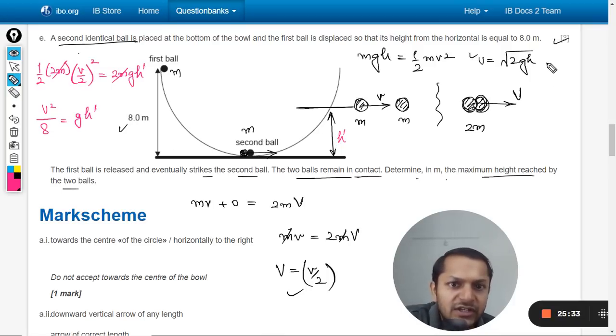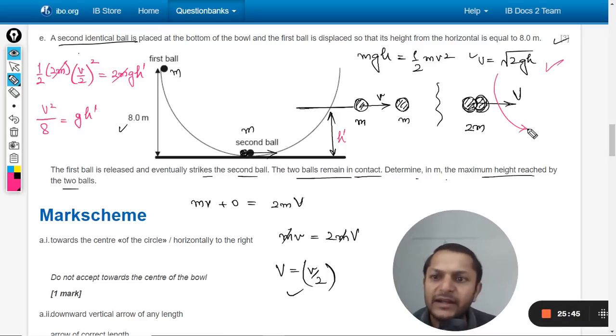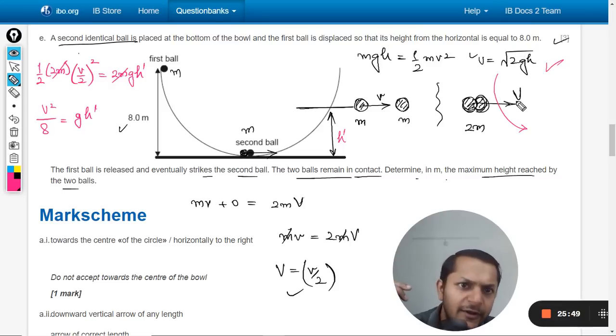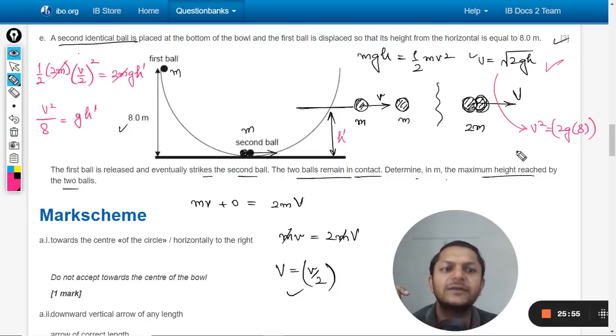So the velocity we were finding from this point. We have to first find this, so the velocity, or v square. We can find the velocity mathematically and substitute the value here. Or if we are clever enough, we can say v square is equal to 2g h, and h is given as 8 meters. So directly I can substitute 16g in terms of v square.